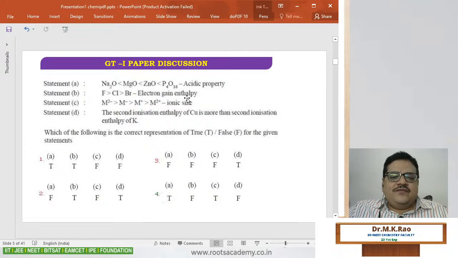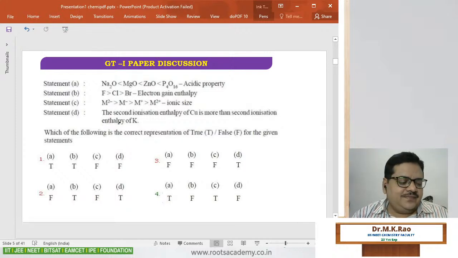The order of acidic property. Now they're asking which is the correct representation of properties. You have to understand this point very clearly.